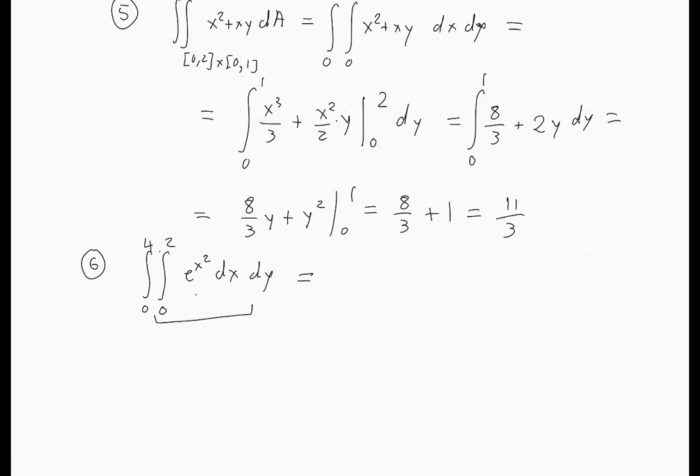And pretty much what we do here is we ask ourselves, what if whoever wrote this double iterated integral didn't choose the best possible order for integration, meaning they chose dx first, dy second, so horizontal integration first, vertical afterwards. How about if we try to do it the other way around?